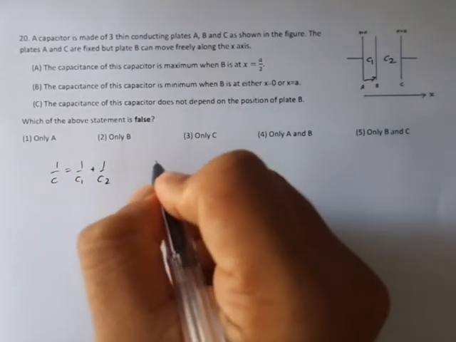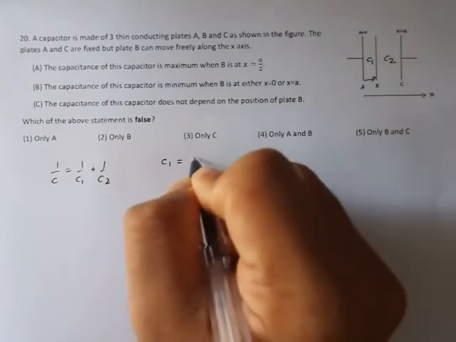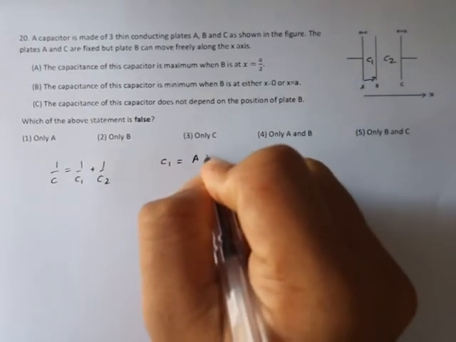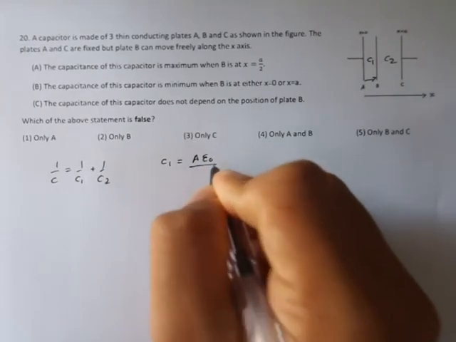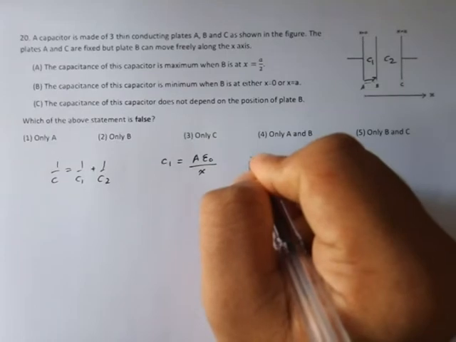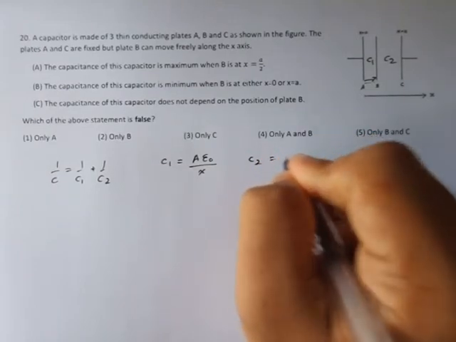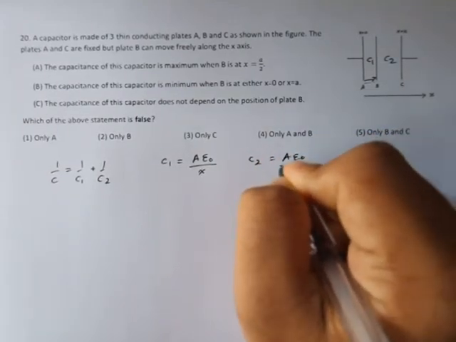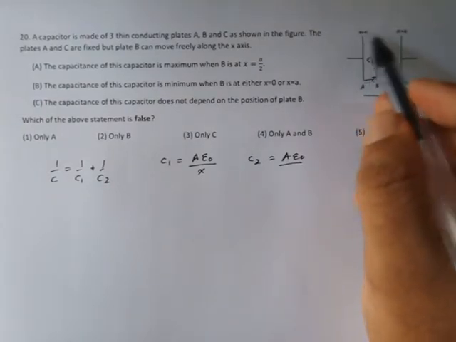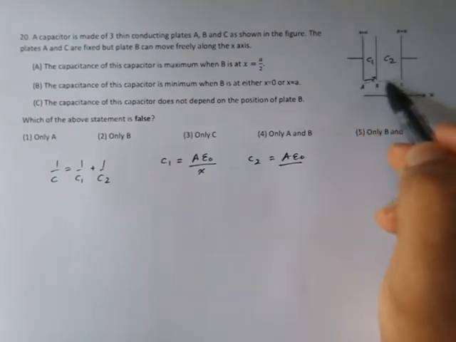C1 is equal to, if the cross-sectional area is A, A epsilon naught over the separation x, and C2 is A epsilon naught over this distance; this length is a, and if this is x, this is a minus x.